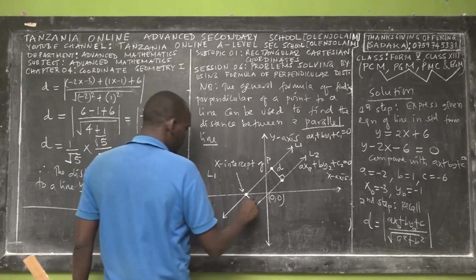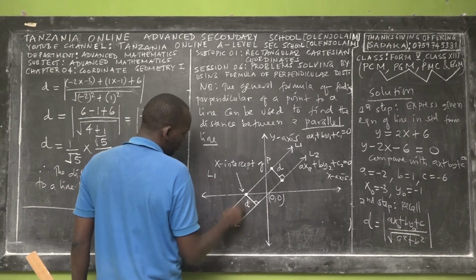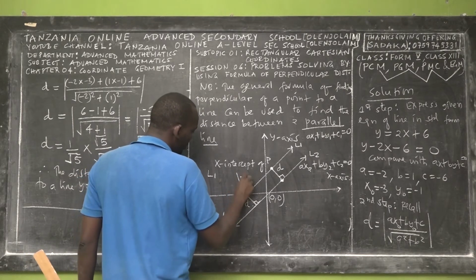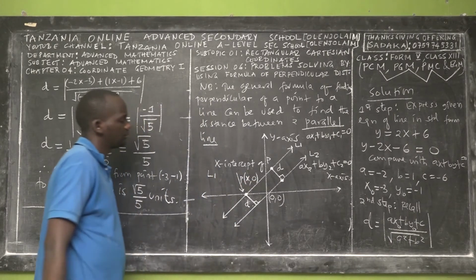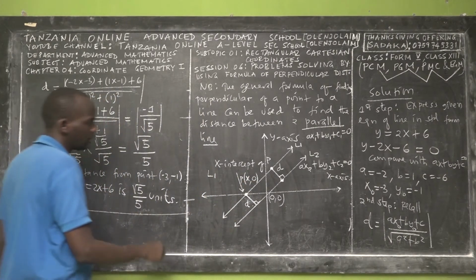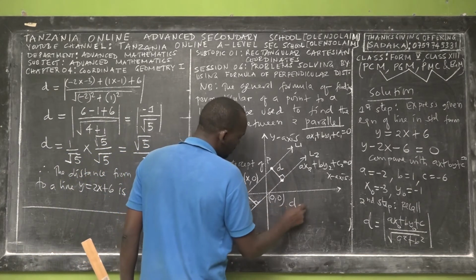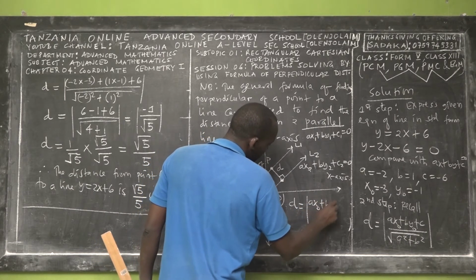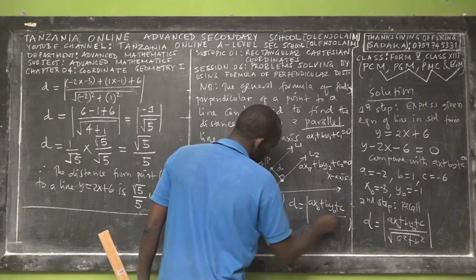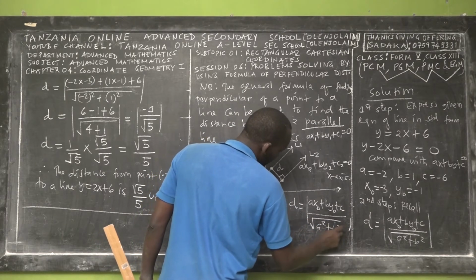Point P is the x-intercept, comma 0. So you can find this distance D, which is the same with this one. D is equal to the absolute value of a x naught plus b y naught plus c over the square root of a squared plus b squared.